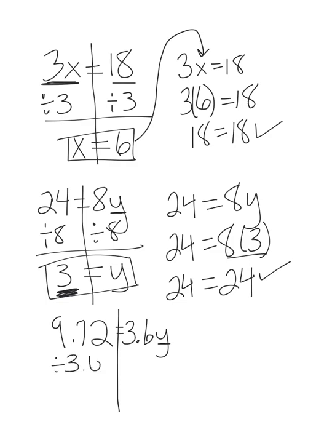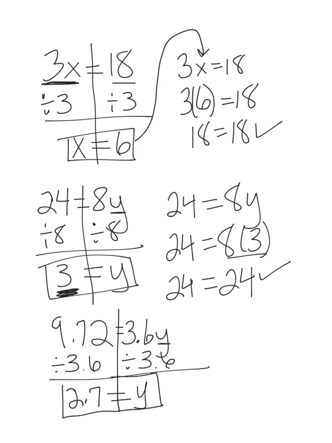So divide by 3.6, divide by 3.6. 9.72 divided by 3.6 is actually 2.7. And 3.6 divided by 3.6 is 1y, but we don't write the 1. So I get 2.7 as my answer.